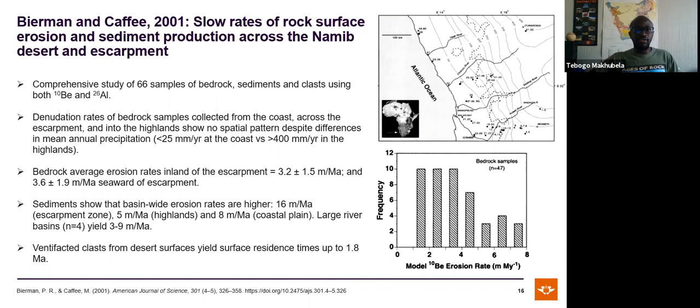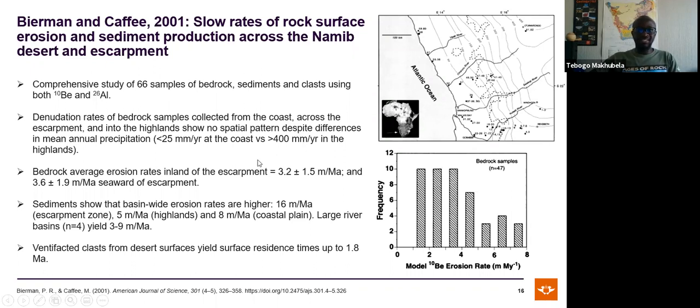And in this study, it was a very comprehensive study where they used 66 samples of bedrock, sediments as well as clasts, and they were using both beryllium-10 and aluminum-26. It was actually a very good study. I actually don't know how long it took them to do this study, given that the processing behind this, as you may have realized earlier in the talk, is very tedious. And with that, they produced a very good data set.